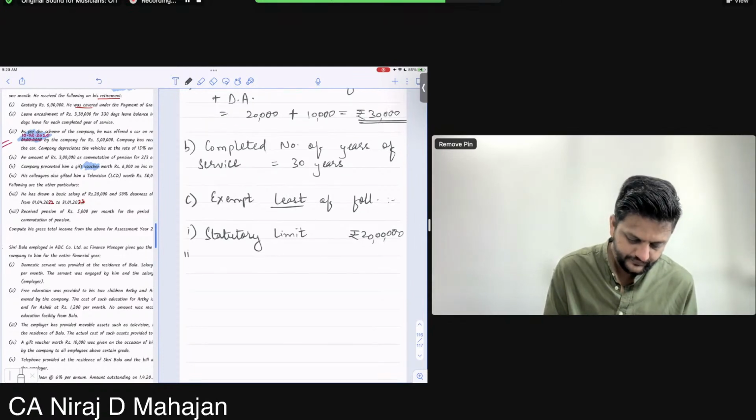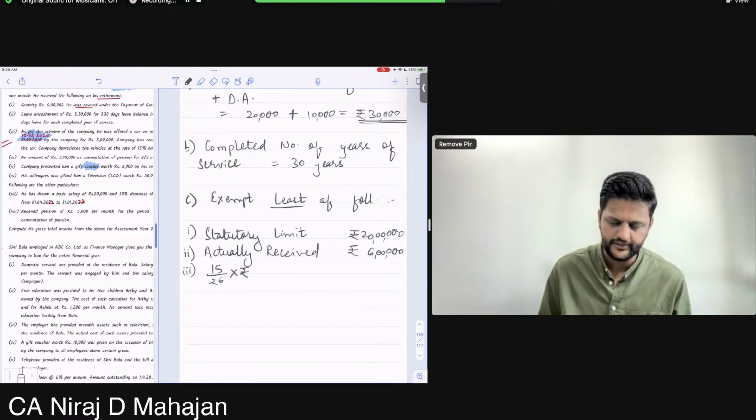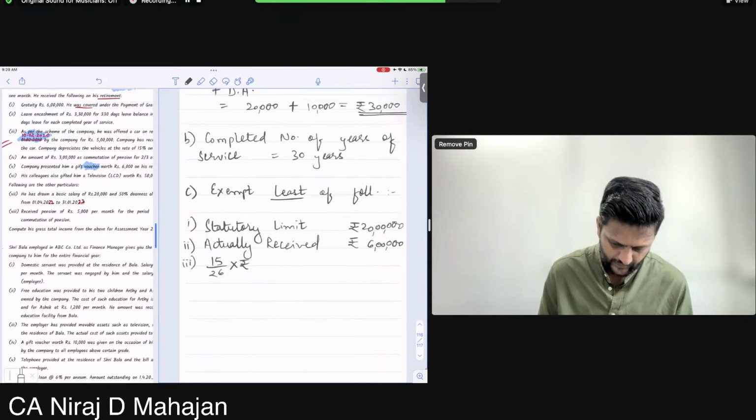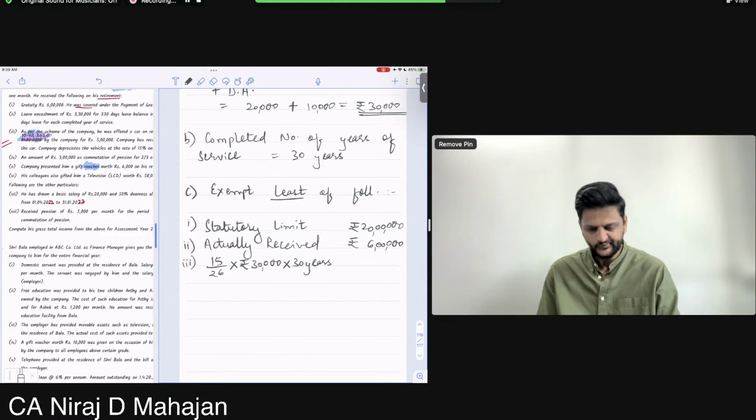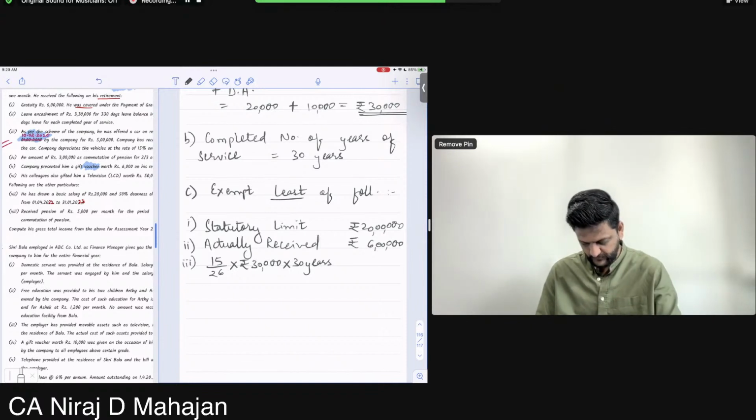Second, gratuity actually received, 6 lakhs. And third, it is 15 by 26, correct? Into rupees, last drawn salary 30,000, into number of years, 30 years.